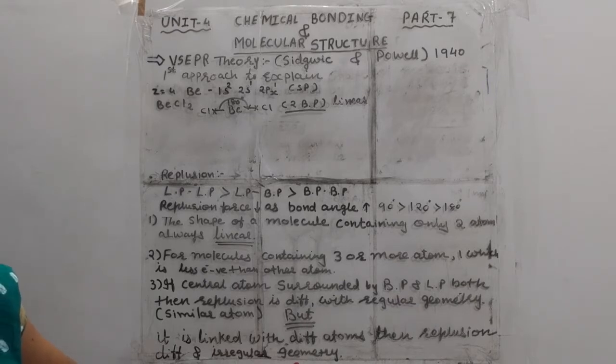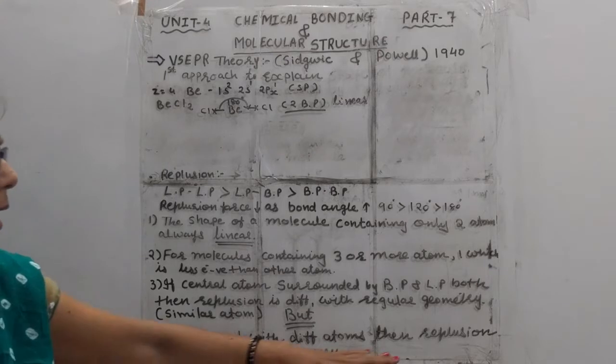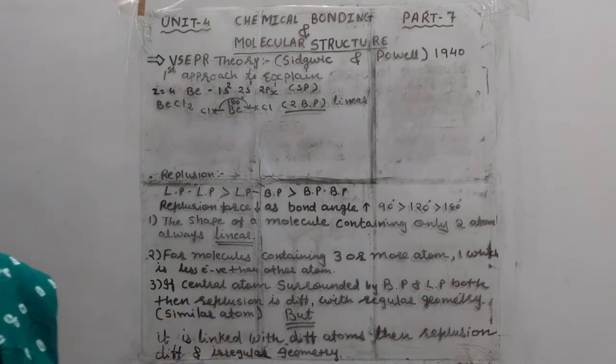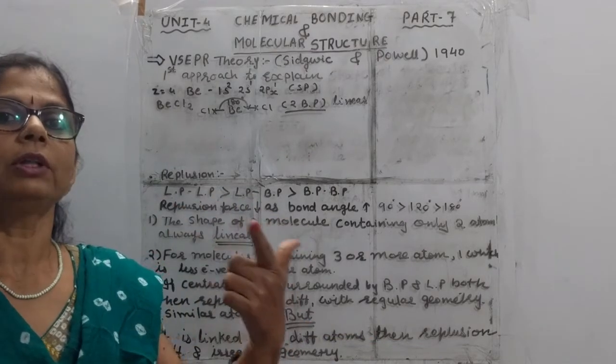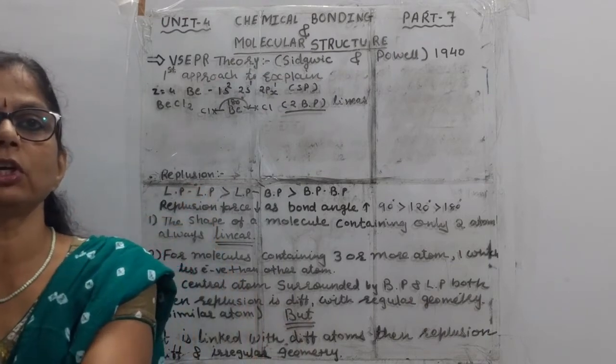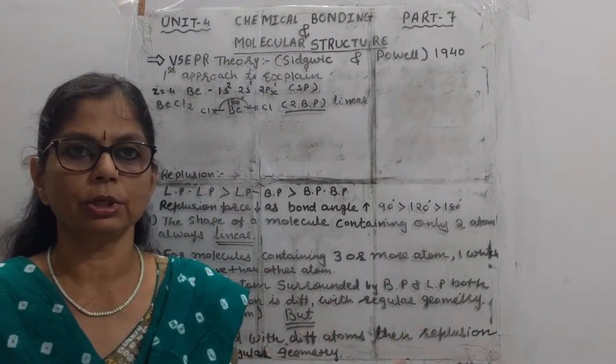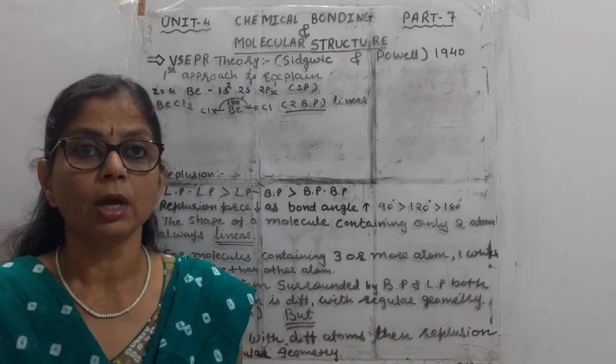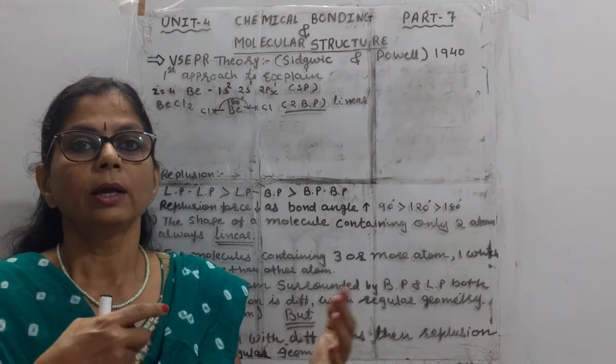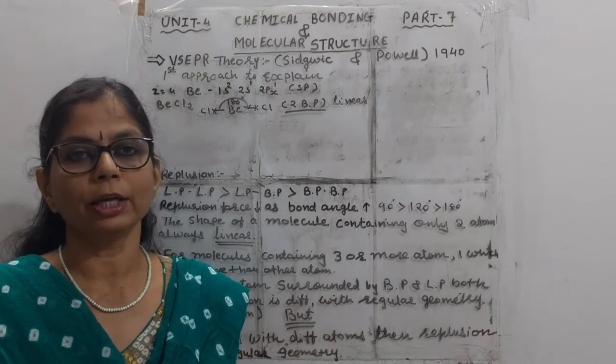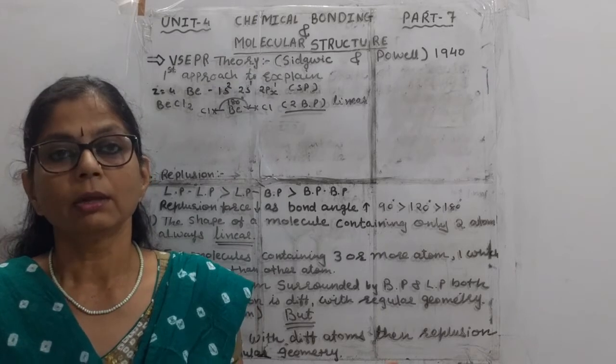Why is it having the distorted shape? Because here the repulsion is different. If oxygen with hydrogen and oxygen with oxygen, naturally, student, the repulsion is different, because both are different, electronegative and electropositive elements. That's why.